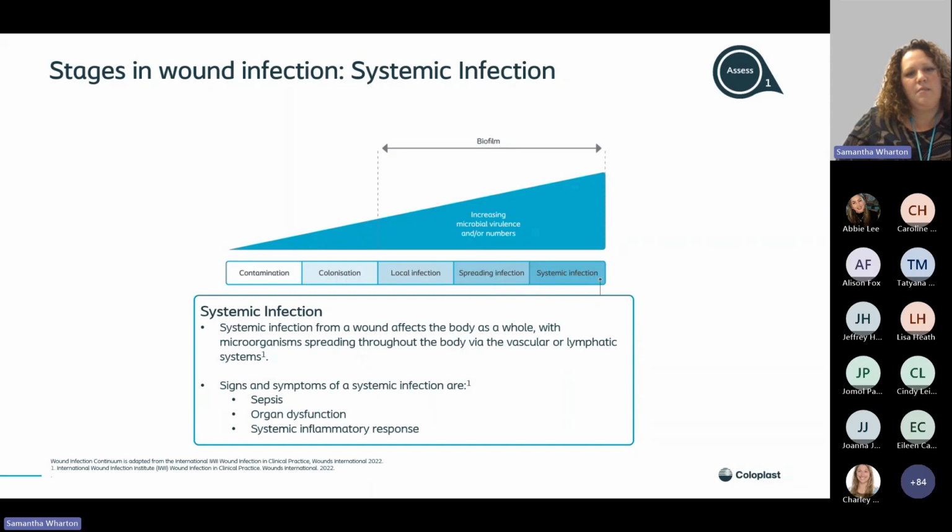And then our systemic infection. This is where the patient really needs urgent medical intervention, because they are really at risk now. They could end up with sepsis, organ dysfunction, systemic inflammatory response. That infection's now spreading throughout the body via the vascular and lymphatic system, and that patient's really at risk.